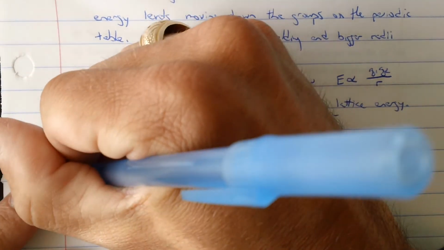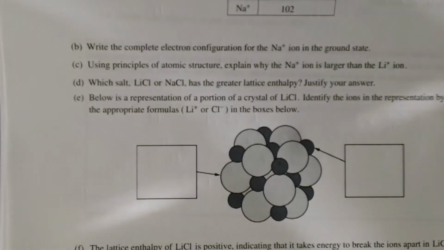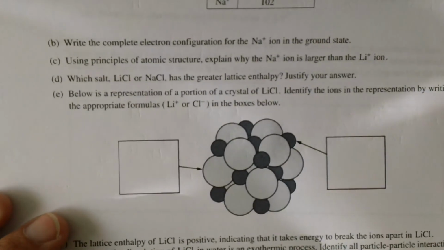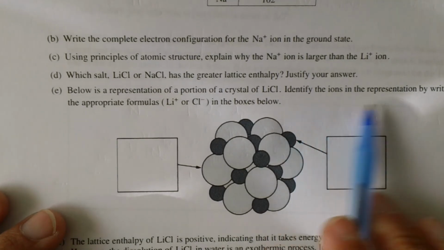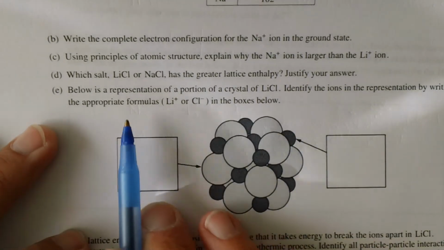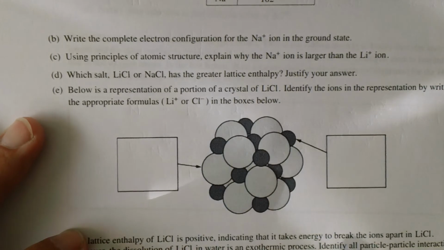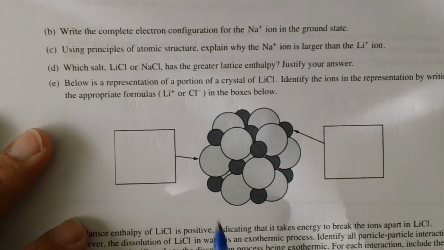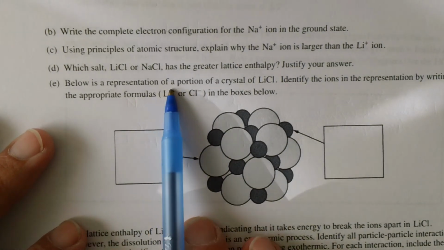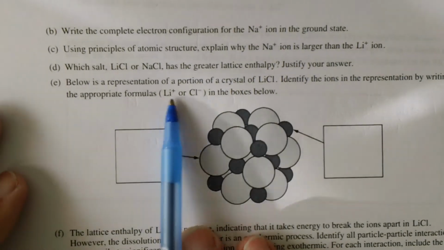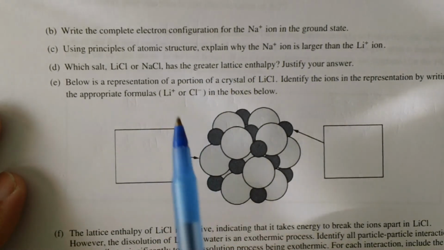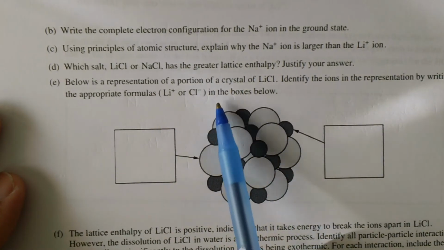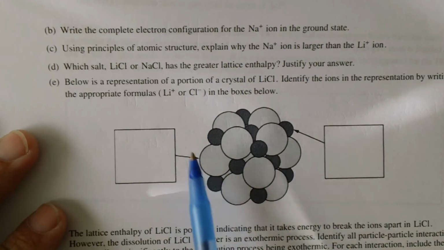And then part E, we're almost done writing sentences on this. Part E says, below there's a representation of a portion of a lithium chloride crystal. Identify the ions in the representation by writing the appropriate formulas, lithium or chlorine, in the boxes below. Lithium has lost an electron, which generally makes it smaller. Chlorine has gained an electron, which makes it bigger because it has more repulsive forces, and that applies here.